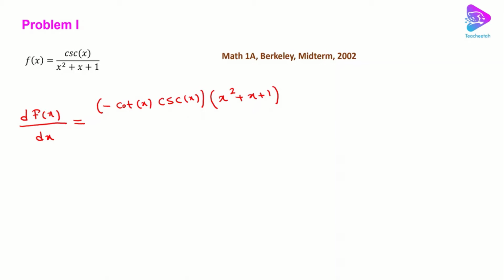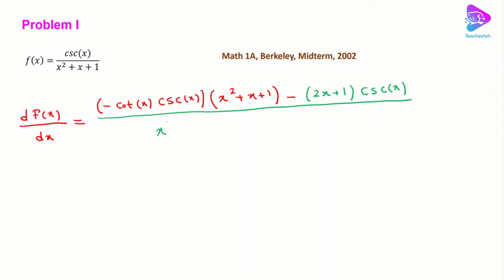And for the second term we have to take the derivative of the bottom part first, which is 2x plus 1, times cosecant x, over x squared plus x plus 1 squared.